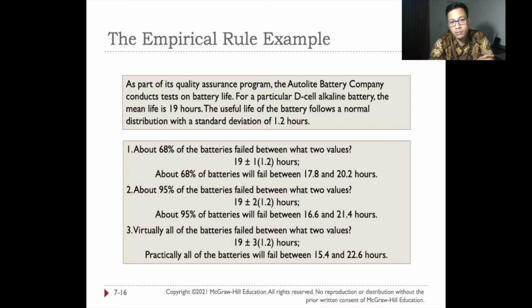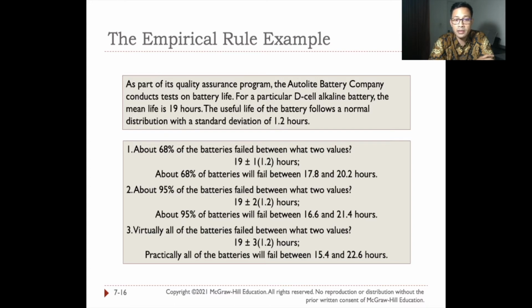Now, what about 95% of the batteries failed between what two values? Well, it's basically 19 plus minus 2 times the standard deviation. Where do we get the 19 plus minus 2 times 1.2? Well, it's actually from the empirical rule.